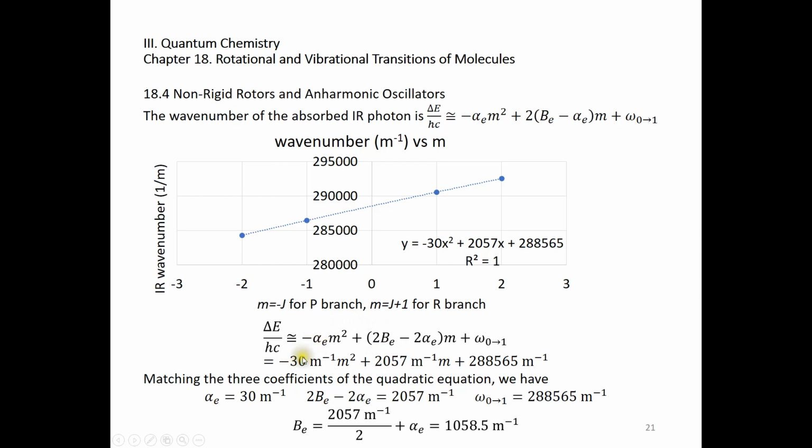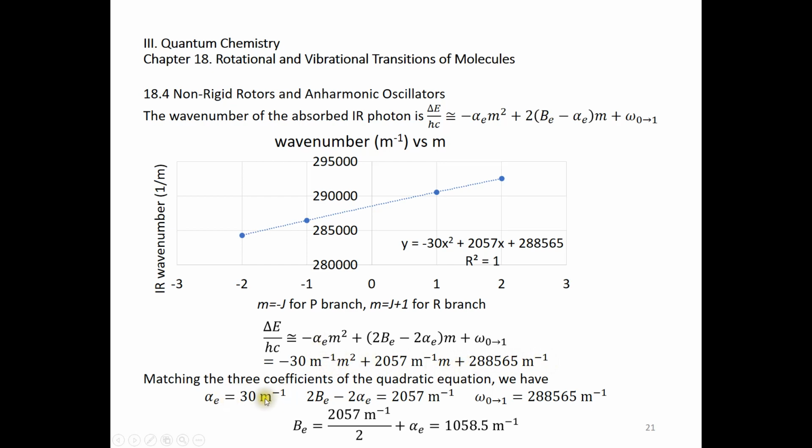We see alpha_E is 30, 2B minus 2 alpha_E is 2057, omega 0 to 1 is 288,565. The unit is meter to the power of negative 1. Sorry about using M for meter and M for the variable, but unfortunately in physical chemistry, every single English letter has 5+ different meanings, and so does every single Greek letter, I believe.